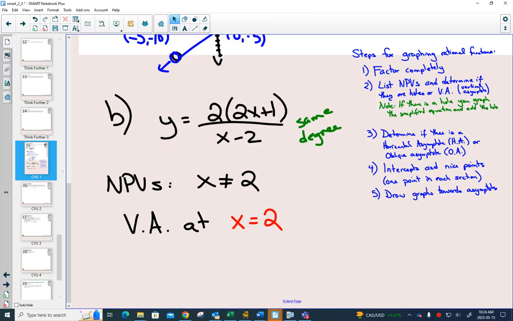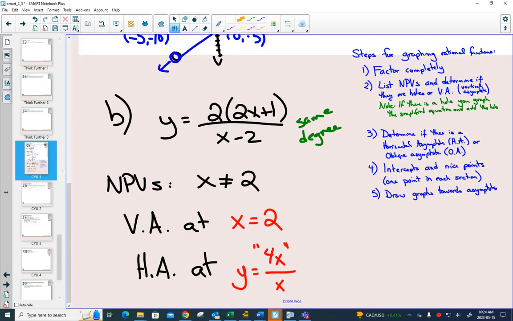There's an x on the top, there's an x on the bottom. That means you will have a horizontal asymptote at, and I'm going to first write it this way. On the top we had a 4x. On the bottom we had an x. Simplifying that.